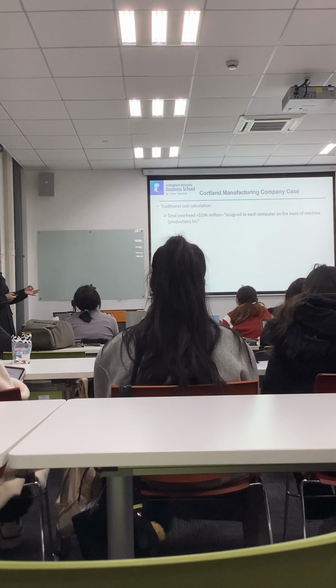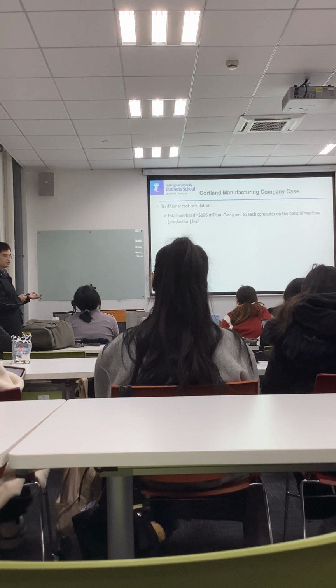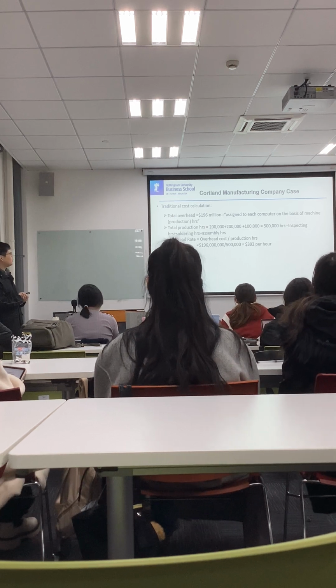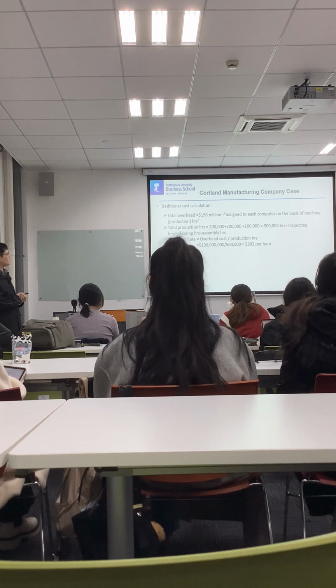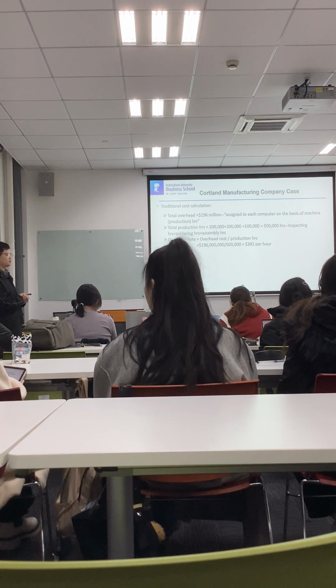Although we have three types of machine hours, they only assign based on machine hours regardless of type. The sum of the three types of machine hours is 500K: inspecting plus soldering plus assembling.